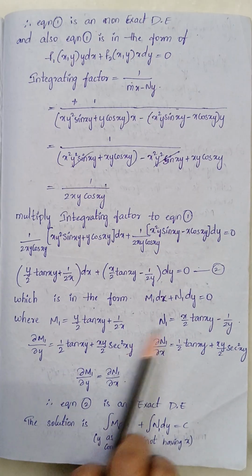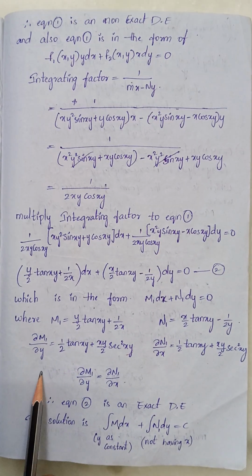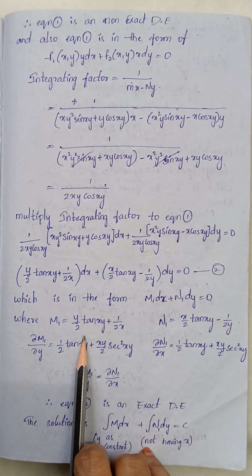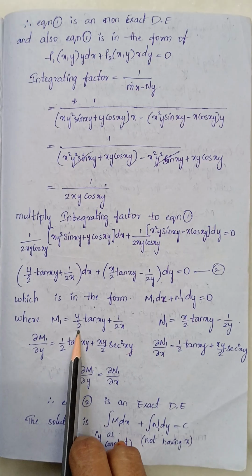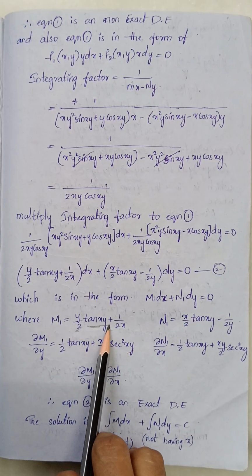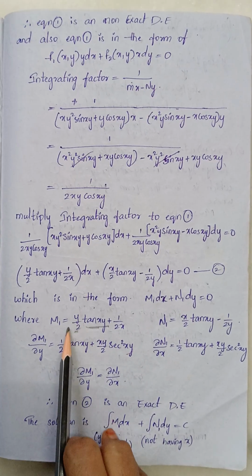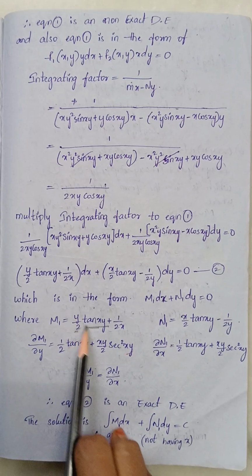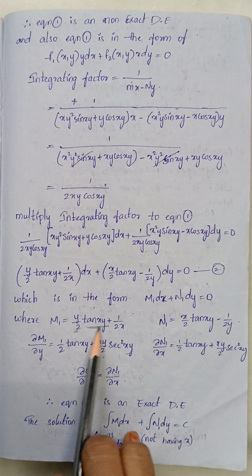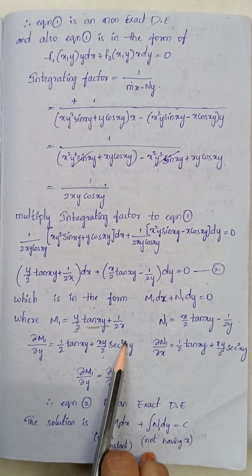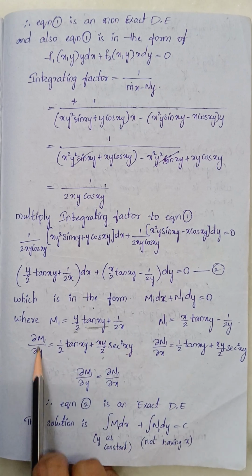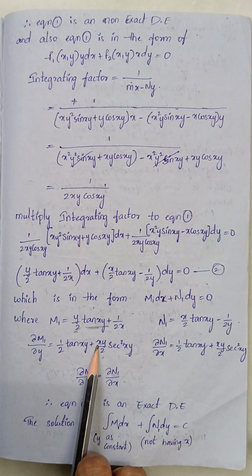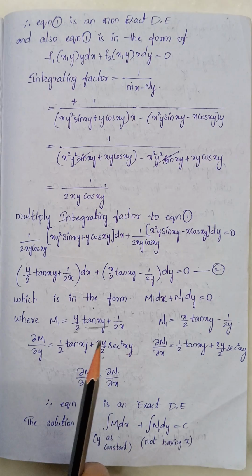Now m1 n1, where dou m1 by dou y means with respect to y, here it is a function, it is also a function, right? So u into v: u dash means 1 by 2 into this, plus u into y by 2 into v dash. The derivative of tan xy is secant square xy, again dou by dou y of xy, with respect to y means x constant here, and the y derivative is 1.